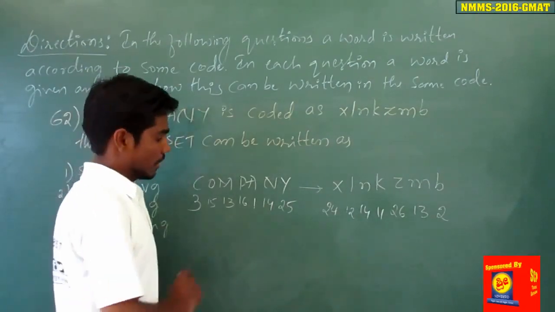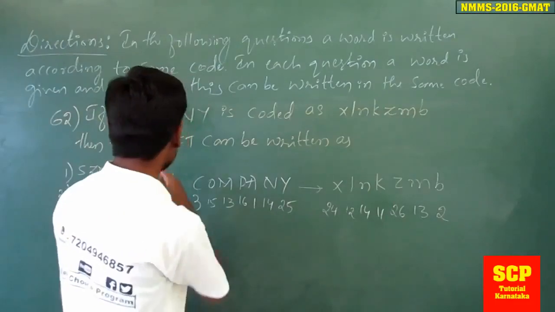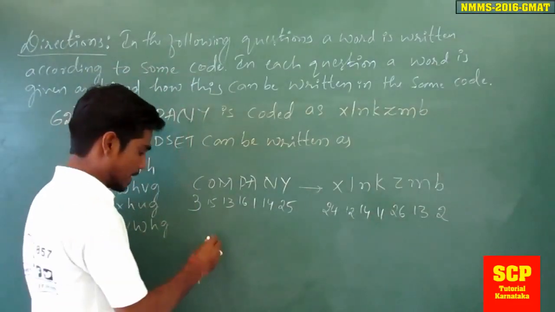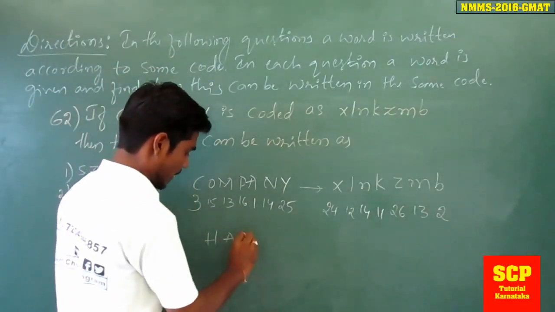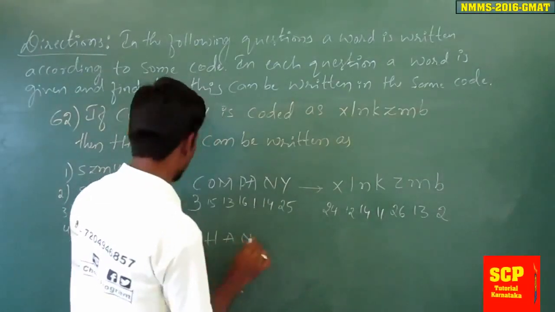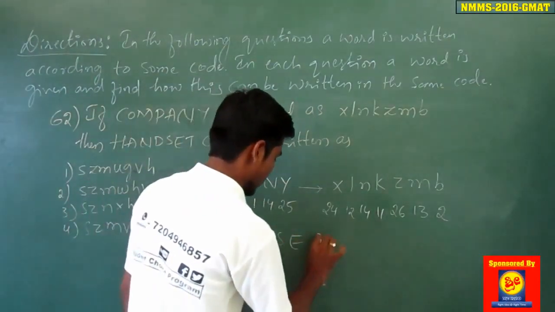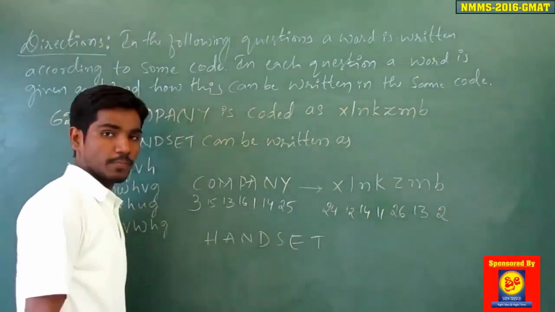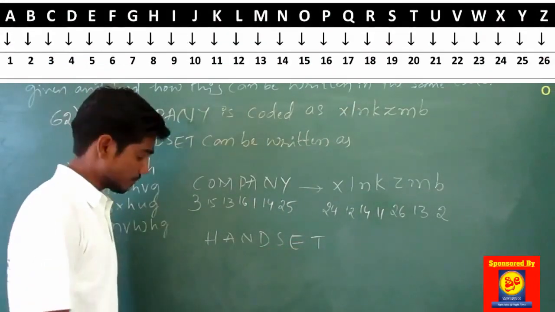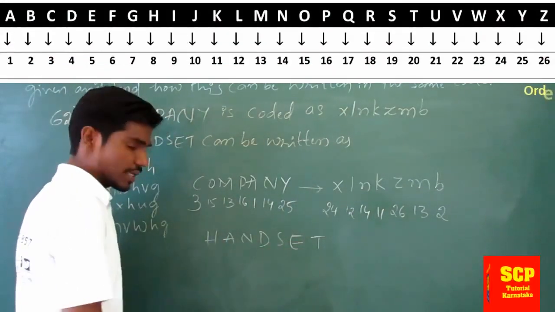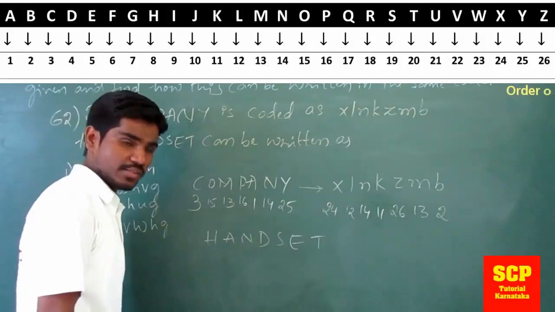Now, I will use the same method to code handset. First let me write handset. Now I have to write the positions of these letters. The position of letter H is 8.